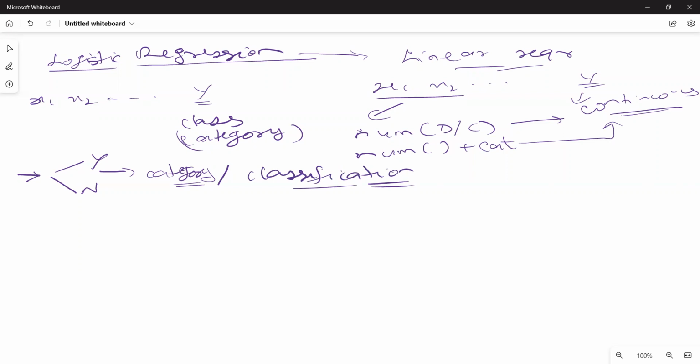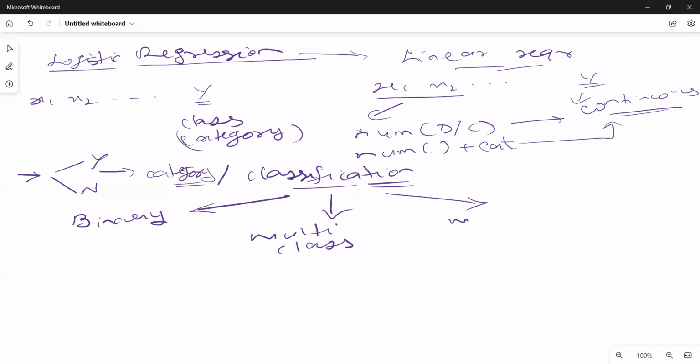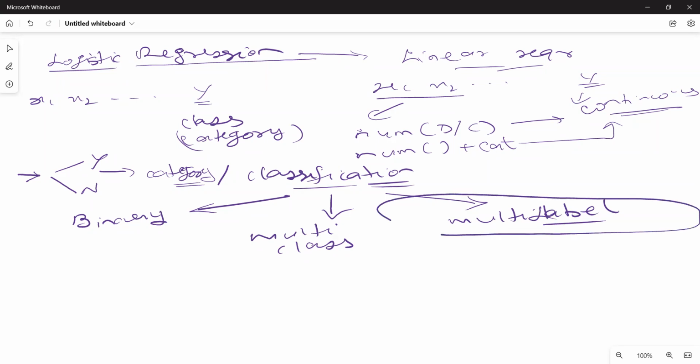Now, in a classification method, there are three types of classification. One is called binary classification. Then we have multi-class classification. And then we have an advanced technique called multi-label classification. Let us not discuss multi-label, since it is a very advanced technique.